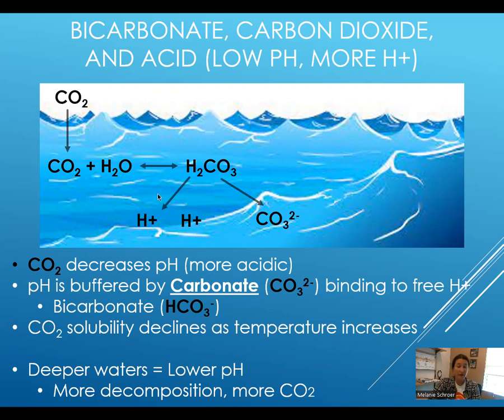Okay, so think hydrogen ions, acid, low pH. More CO2, more acidic. Okay, generally, these hydrogen ions are bound up by, or buffered by, carbonate, right, forming bicarbonate. Okay, so just generally keeping the pH of the ocean and any water relatively consistent.